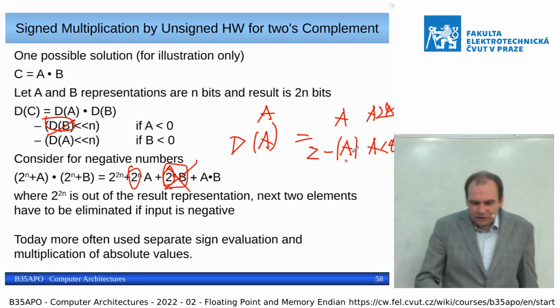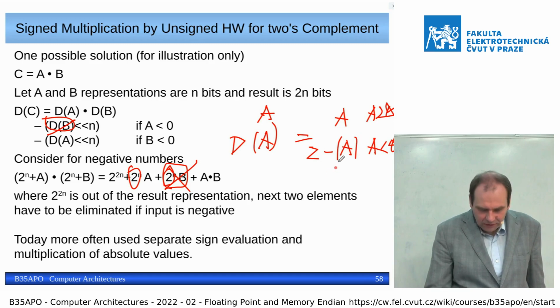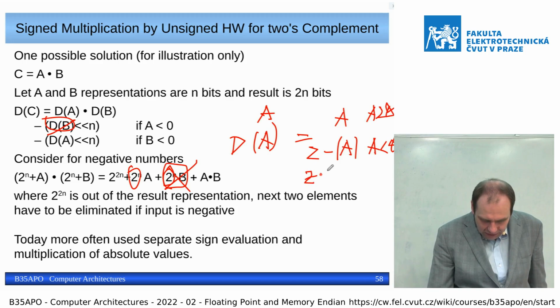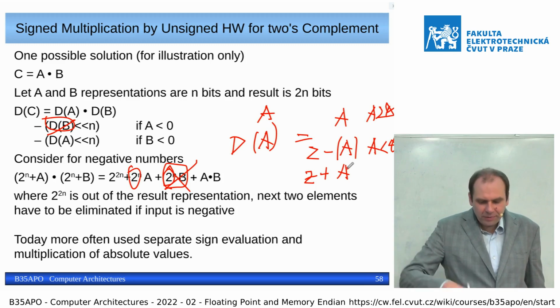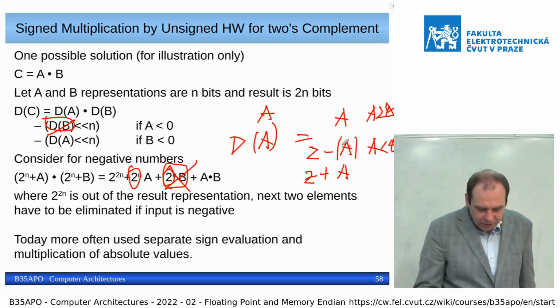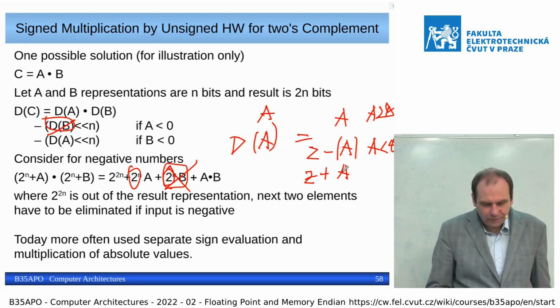But in fact, because we know that A is negative in this case, we can build the value as Z plus A. Because we know that it was negative, the absolute value will be the opposite of the negative value, so it would be positive. So we can do it this way.